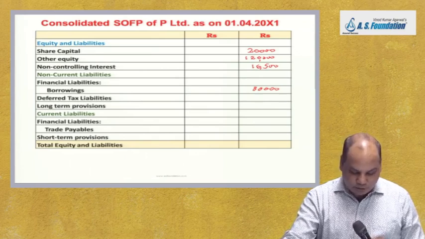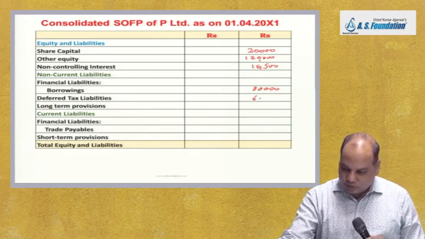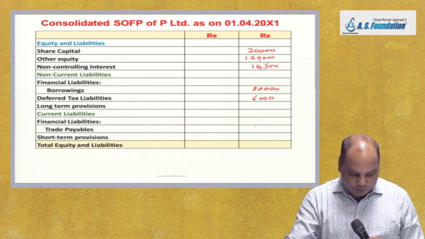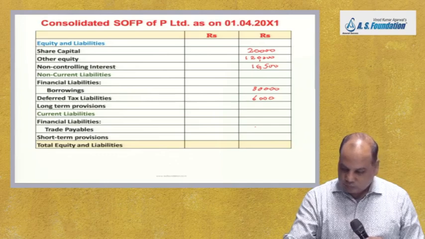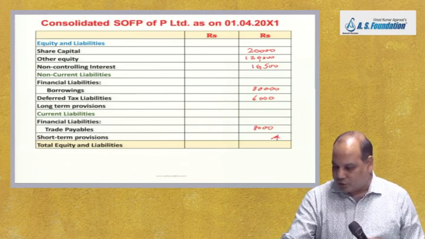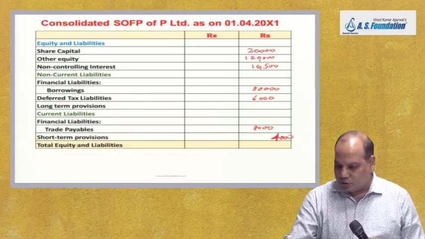Deferred tax liability total. Current liability, financial liability, trade payable total 8,000, and short term provision total 4,000. So what is the total of this side?